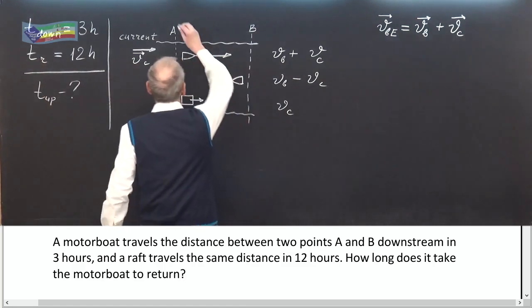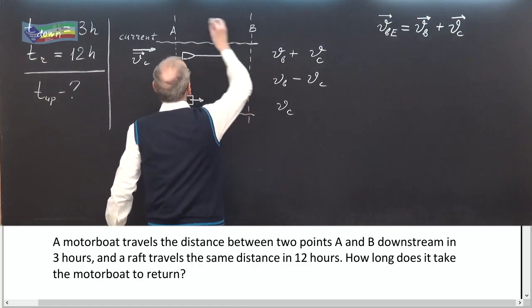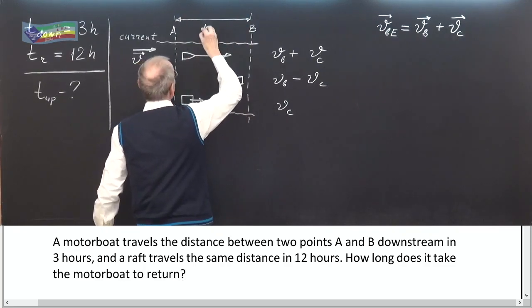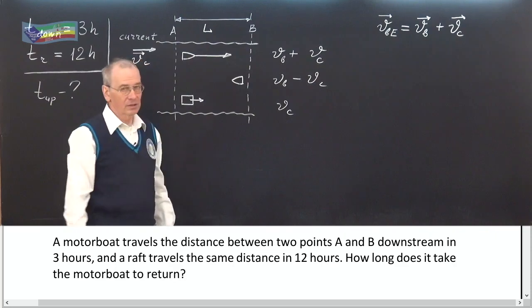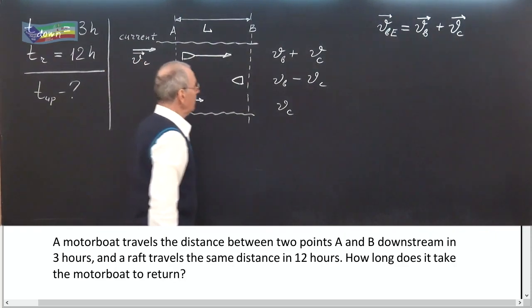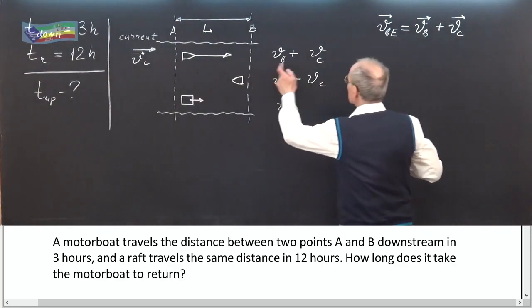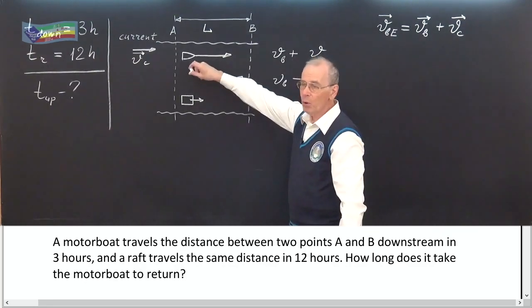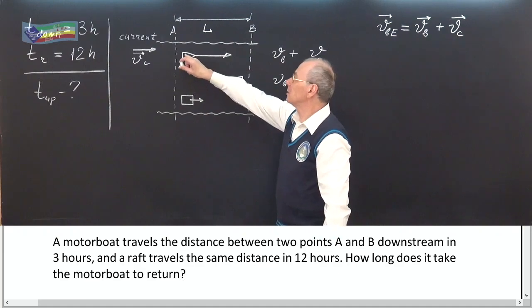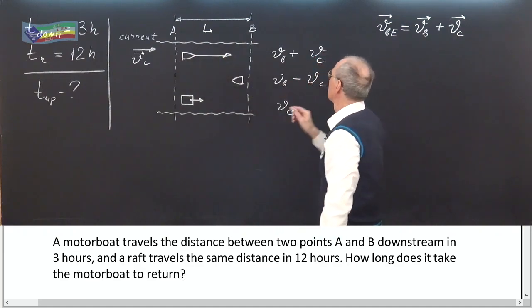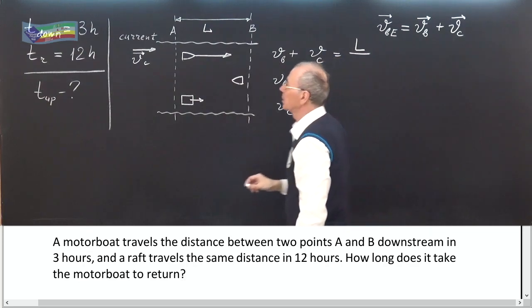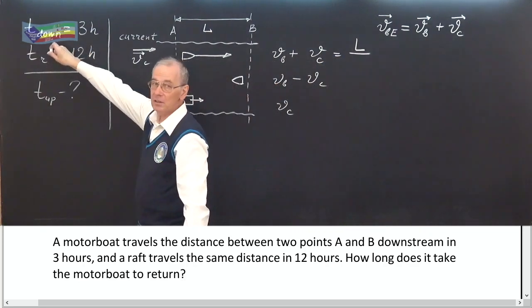Now we can connect these speeds with time using distance between A and B points. Let L stands for this distance. So we can write the velocity of the boat when it goes downstream equals L divided by T down.